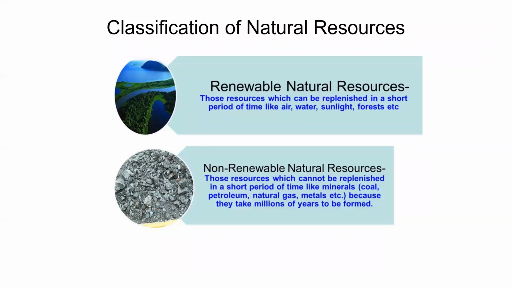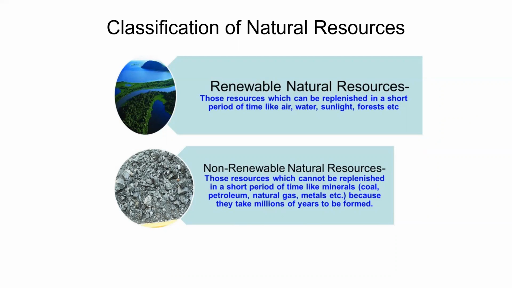Next, classification of natural resources as renewable and non-renewable. Renewable means we can rebuild them. Those resources which can be replenished in a short period of time, like air, water, sunlight, forest, etc., are known as renewable resources.